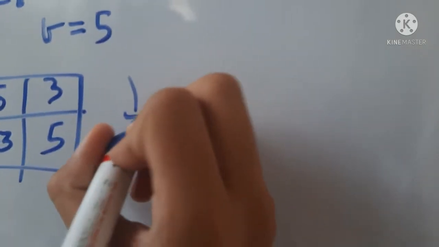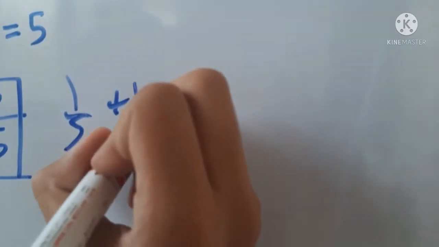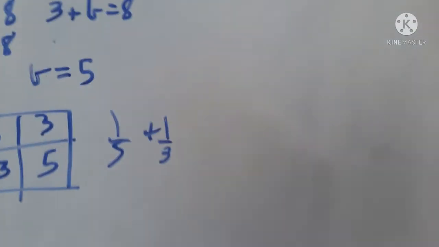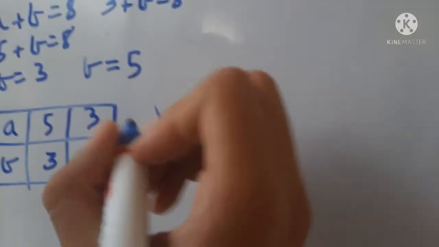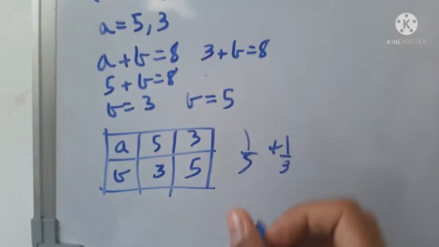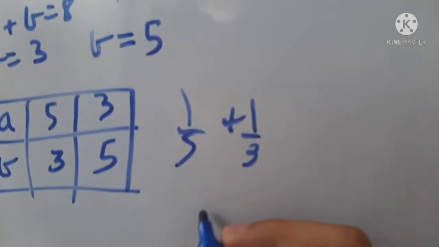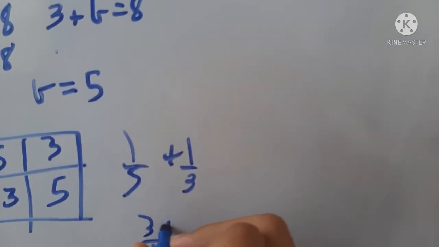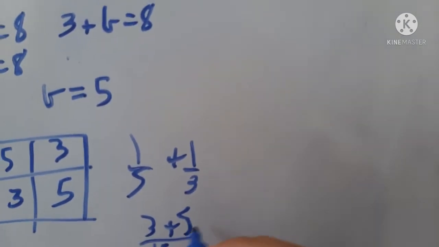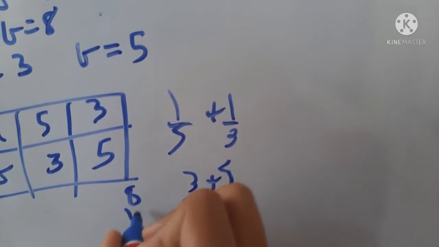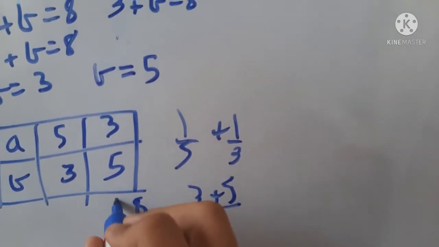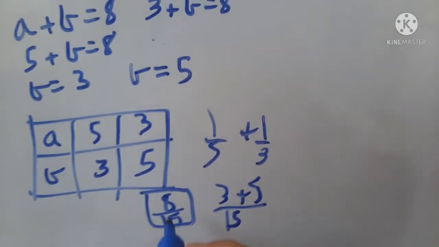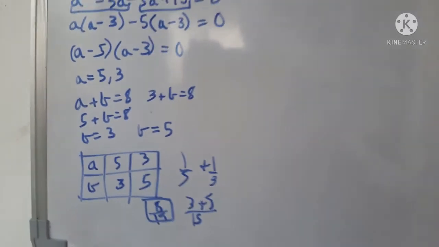We get 1 over 5 plus 1 over 3, and we have to find that value. Let's take a common denominator, which is 15, so we get 3 plus 5 over 15, which is 8 upon 15. 8 upon 15 is our answer in the first method.